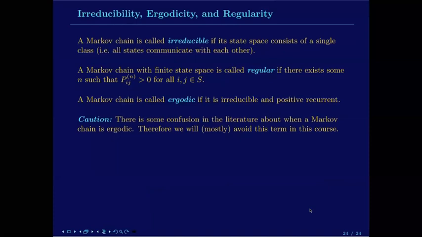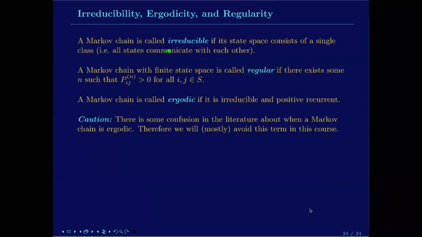Ergodicity we only have if we have positive recurrence. I will come back to this notion later, but otherwise will not use it much, as there is some confusion in the literature about when a Markov chain is ergodic. Regularity we need for the assignment.